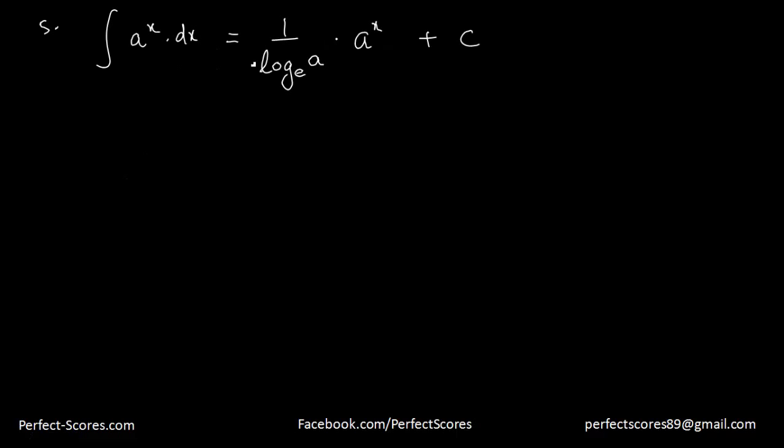Now again, if you differentiate this function over here, you will actually get this only. So that's very important, right? I suppose you're understanding this point. To understand how this differentiation came about, you should watch the differentiation videos where we have found the differentiation of a raised to power x, right?